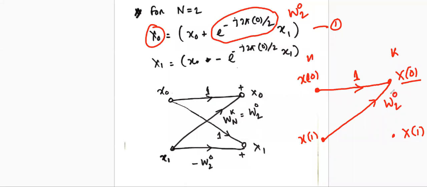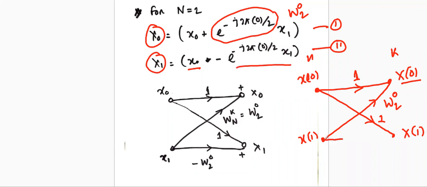Okay, fine. Similarly, in equation number 2, to find X1, what do we need? x0 directly multiplied with 1. Okay, so I have taken it like this and multiplied with 1, and the second section is x1, but multiplied with what?